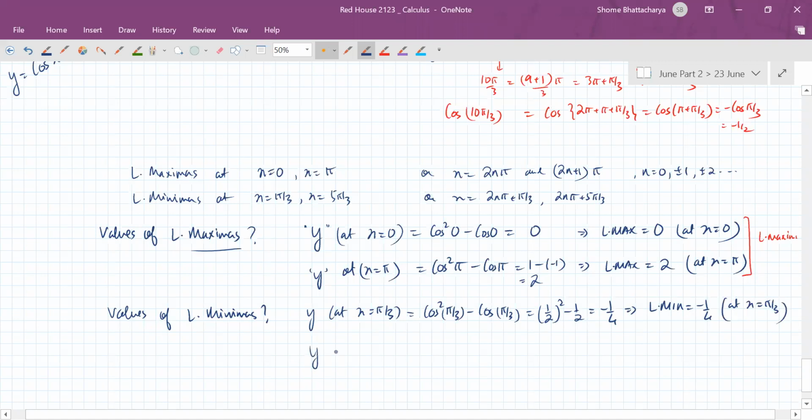And again, at 5 pi by 3, you will see it repeats its value.